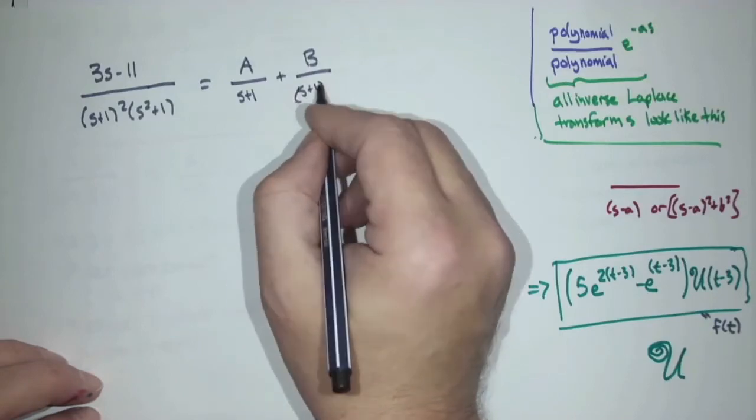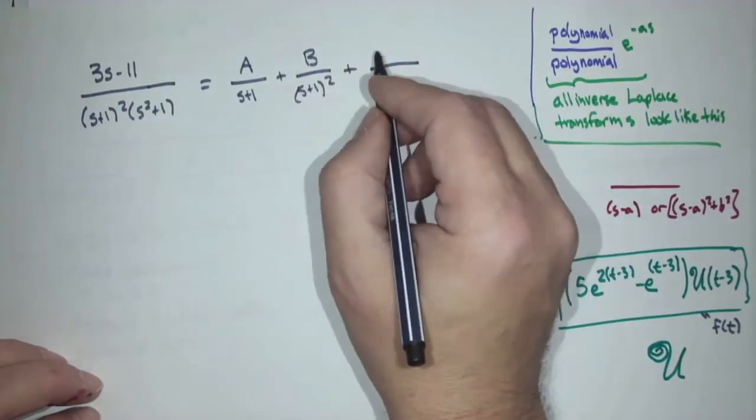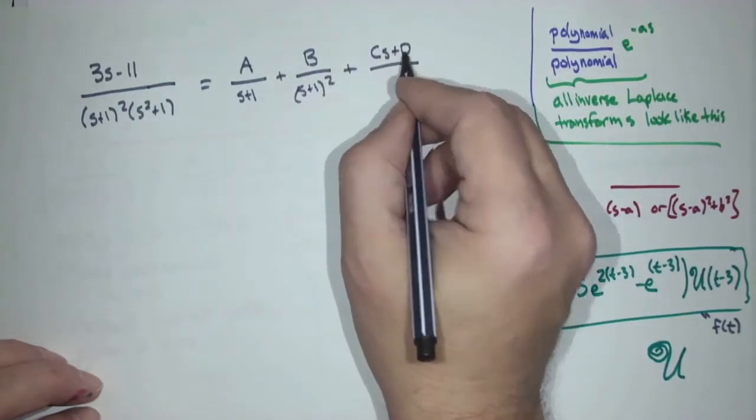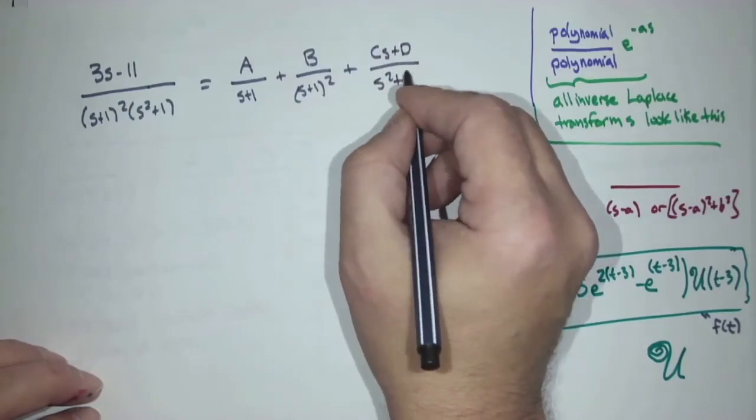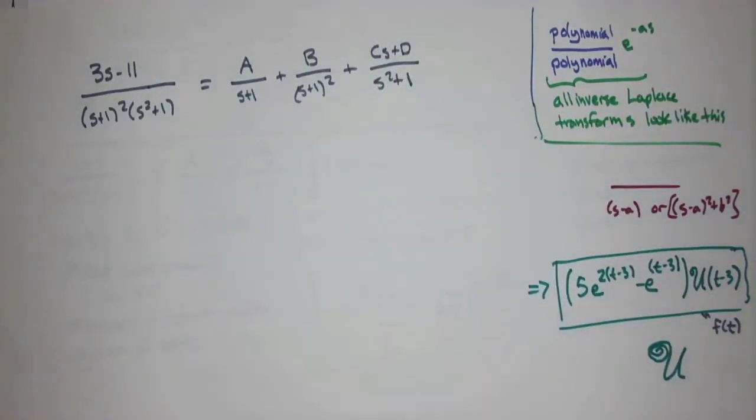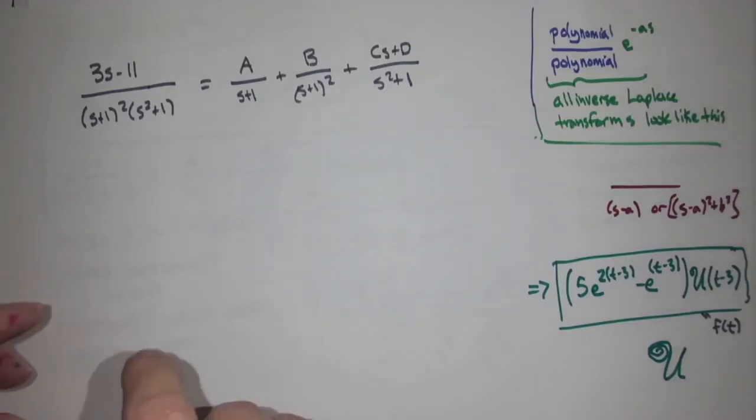B over s plus 1 squared. Good. That's right. So A over s plus 1, B over s plus 1 squared, and Cs plus D over s squared plus 1. Now, sometimes this throws people off, like, really? And the answer is, yeah, that's right. This is the right thing.